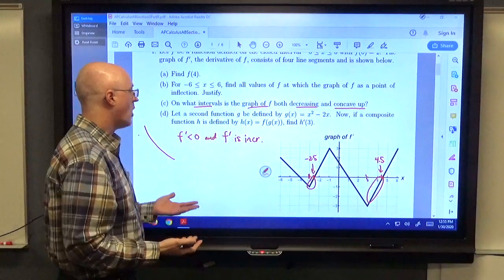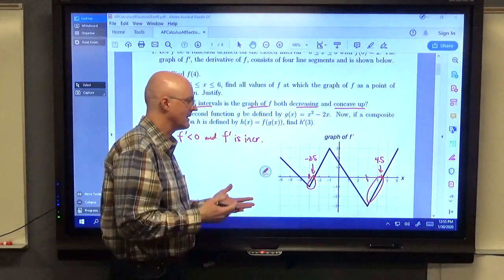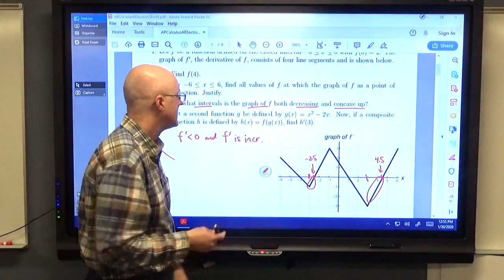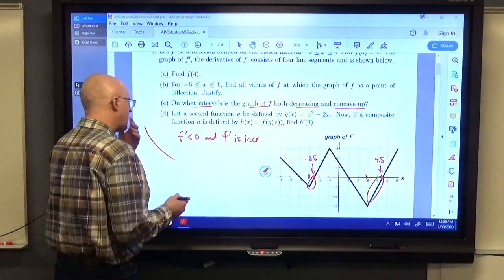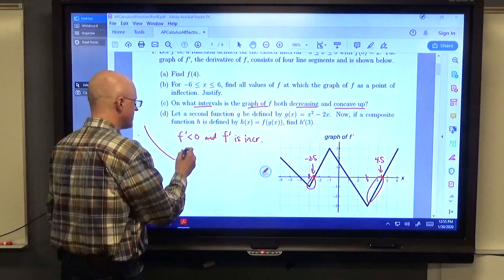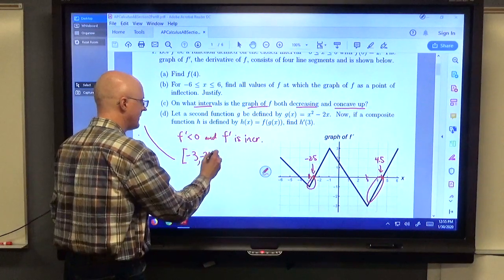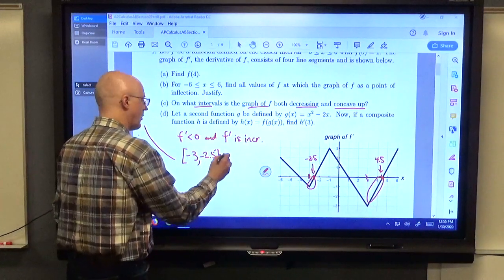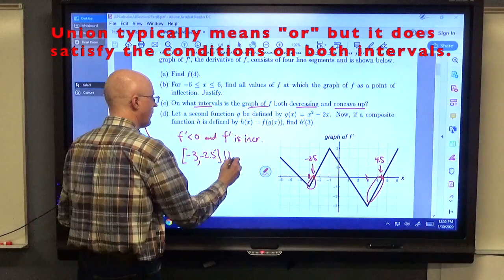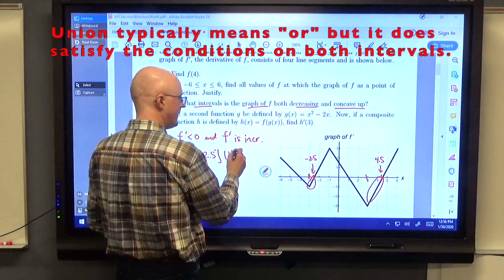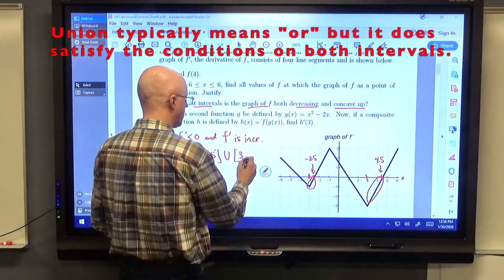Should you write your answer as open interval or closed interval? I think it really doesn't matter. Technically speaking, you could say the closed intervals. You could say the closed interval from -3 to -2.5 union with the interval from 3 to 4.5.